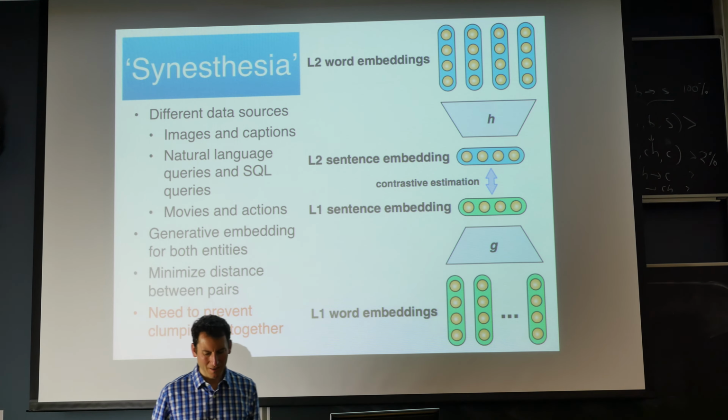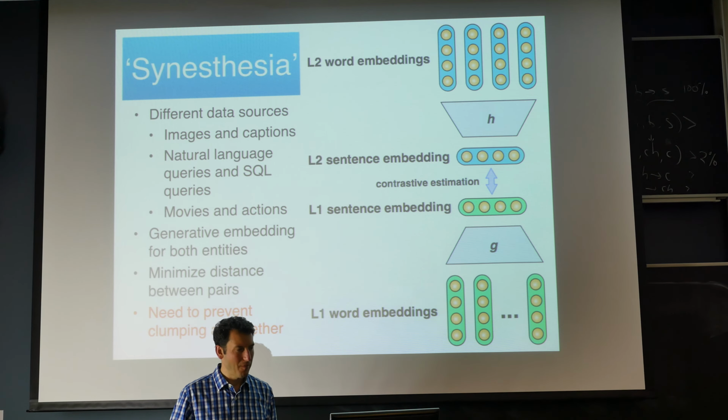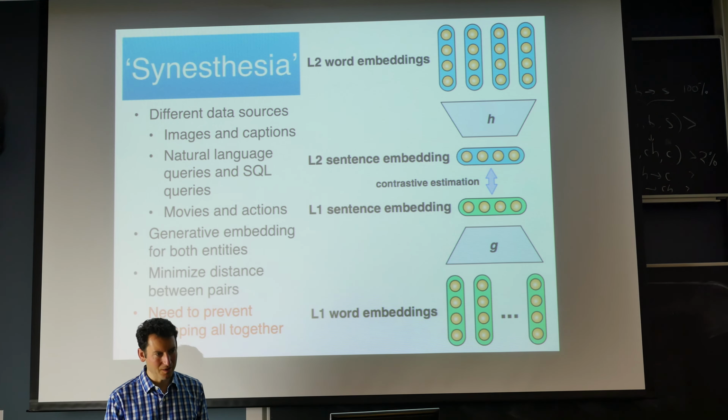But basically what it does is you take data from two different types of sources. For instance, it could be English and Klingon. It could be images and captions. It could be natural language queries and SQL queries. It could be movies and actions.